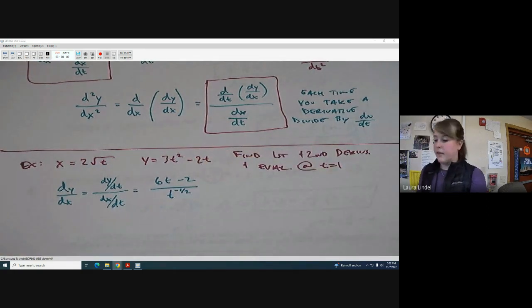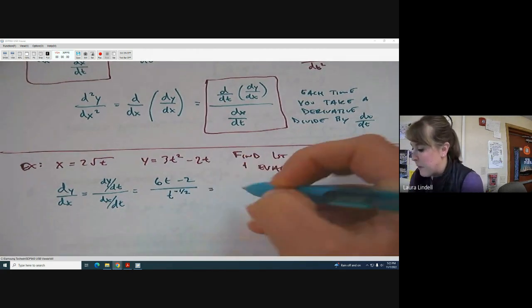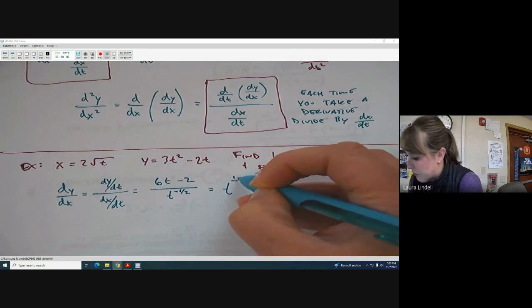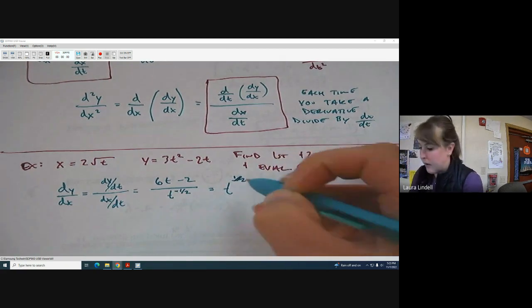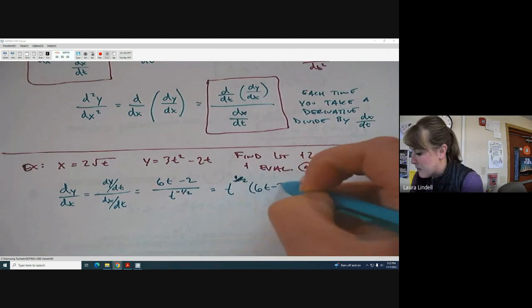Which we could rewrite to simplify a little bit, since it's a negative exponent in the denominator, as t to the positive 1/2 times 6t minus 2.